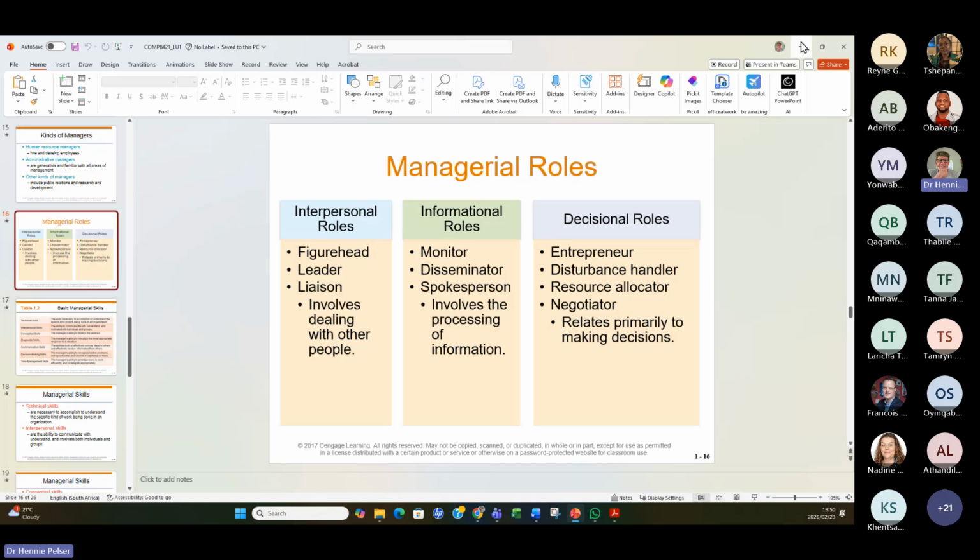The informational roles is the stuff that allows an organization to keep itself aligned with the external environment. Remember, really successful organizations have a clear sense of what is happening in the external environment, and they also have a clear sense of what they need to do internally to adjust to the external environment. So when we look at the managerial roles, the first one is monitor.